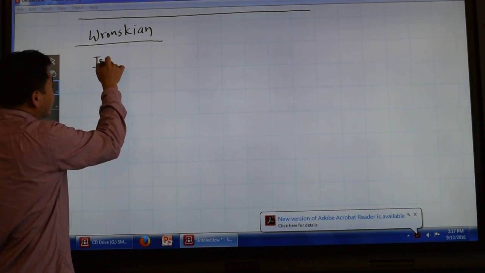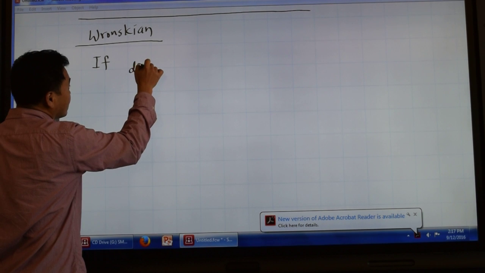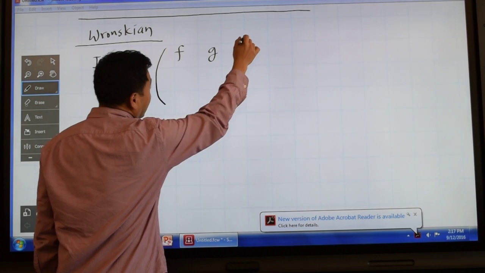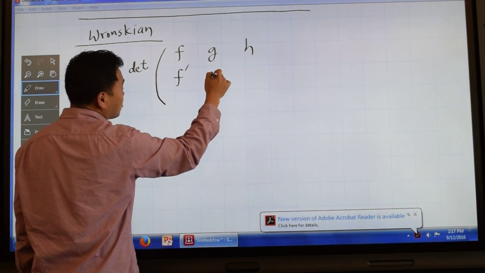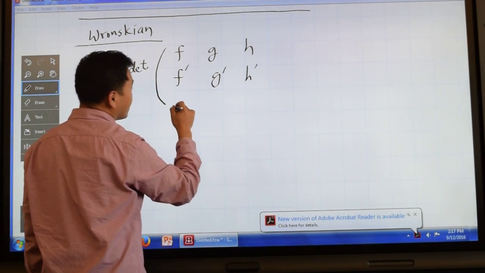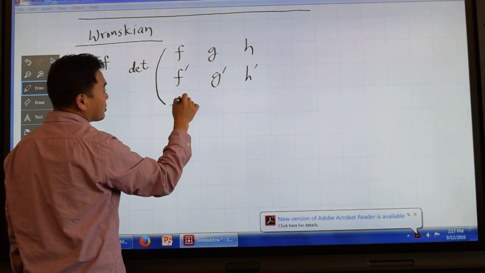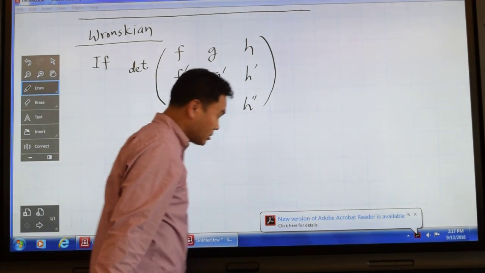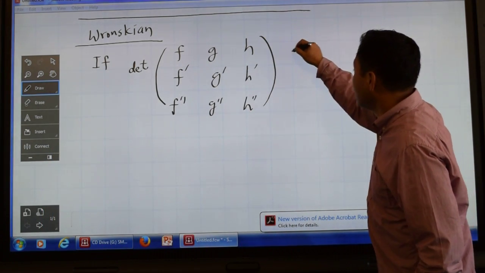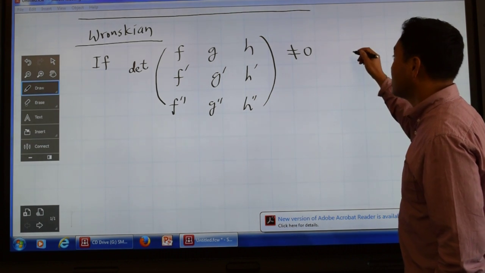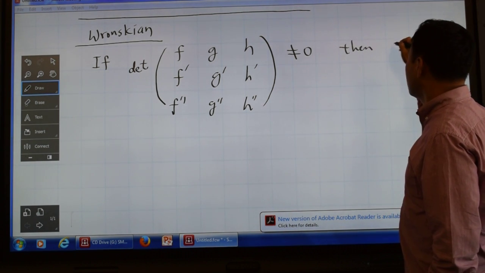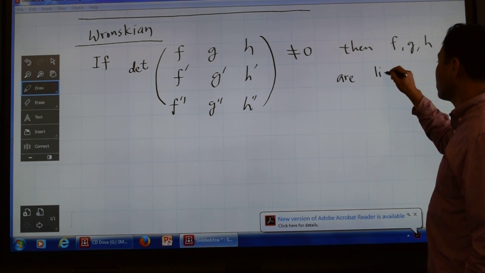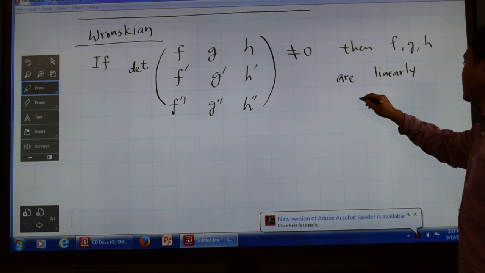If the determinant of f, g, h, f prime, g prime, h prime, f double prime, g double prime, h double prime is not equal to 0, then f, g, h are linearly independent.